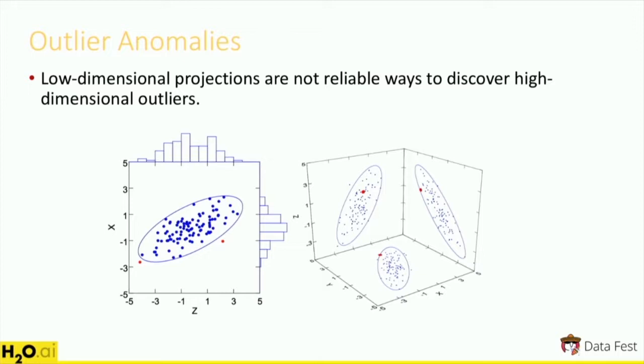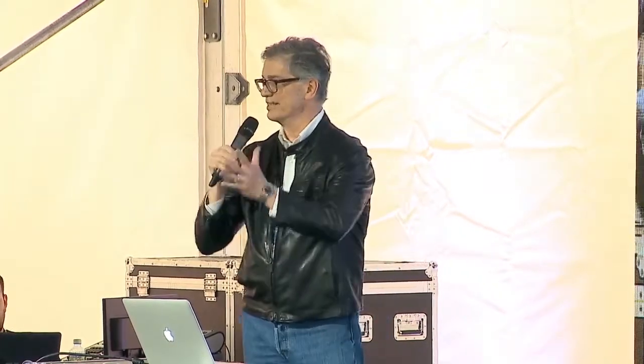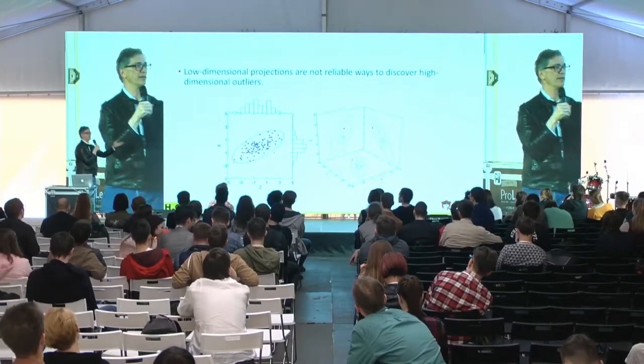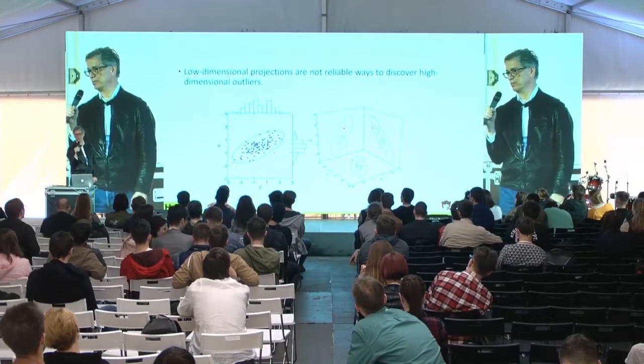However, if you take the right point in that left plot, project it over to the margin there, it's in the middle of the histogram. So the marginal histogram is going to conceal the fact that it was an outlier. The same with the other histogram, it's in the middle of that. So the only way to compute that is to do it in 2 dimensions, statistically, and then you can color those red points.